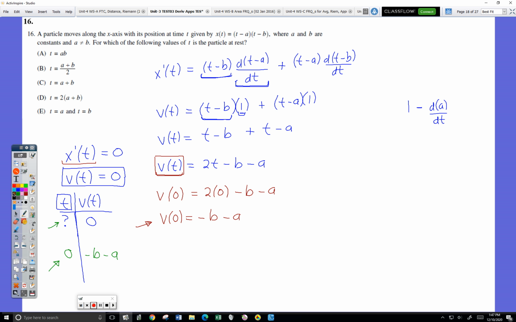Equals negative v minus a. But what was the equation before that? v of t equals. And then you did something in your head that you didn't tell me to write. I want you to tell me what to write down, what you just did in your head. I don't know what I did. Jonah. 0 times t equals 2t minus v minus a.